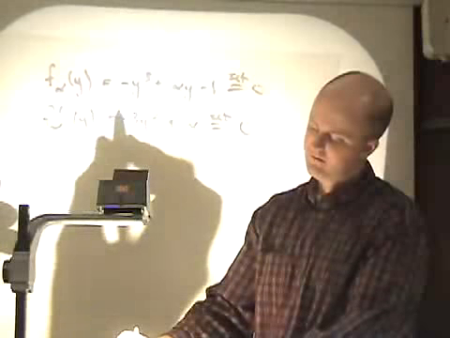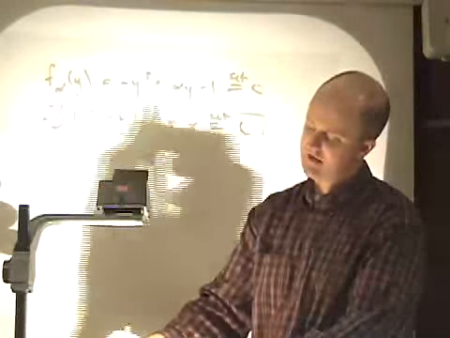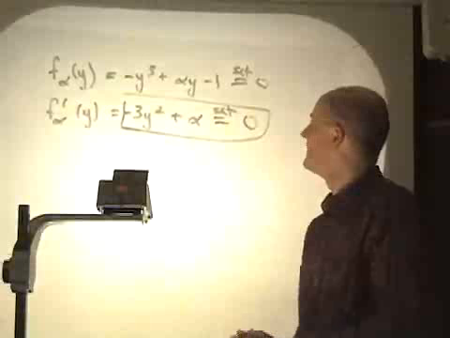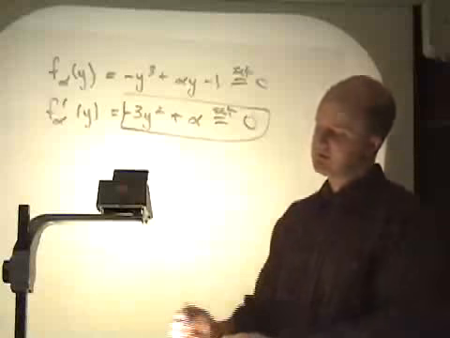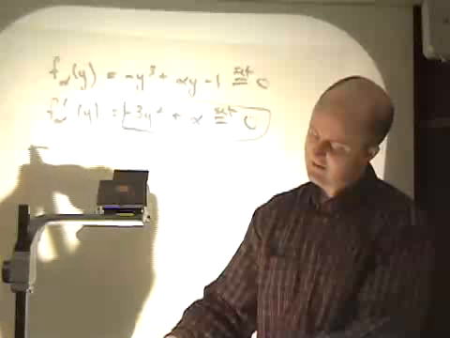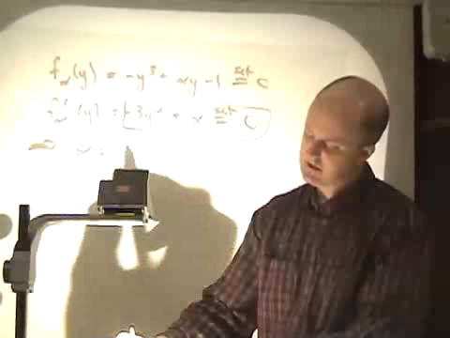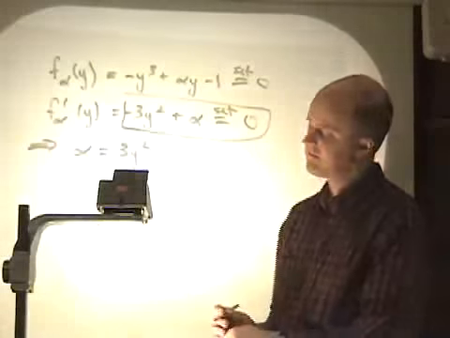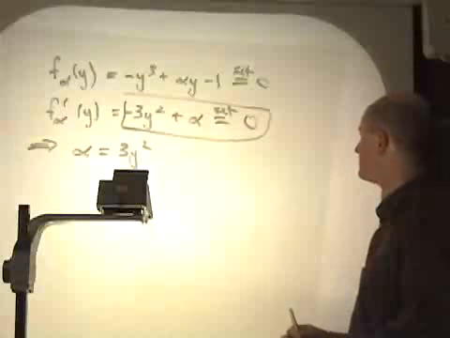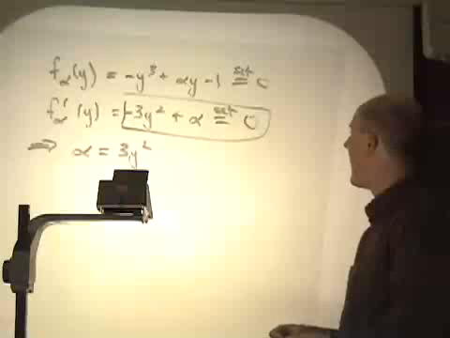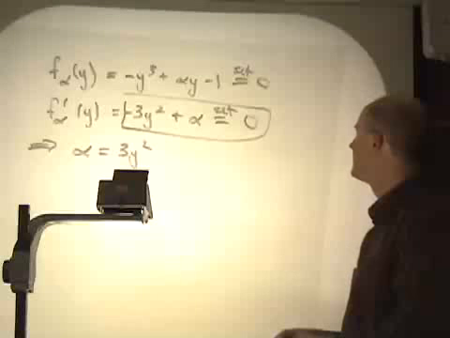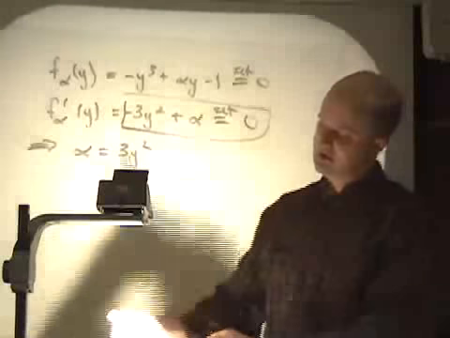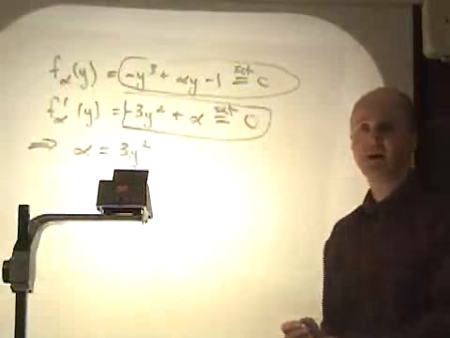One thing you can do is you could take this equation and solve it for alpha in terms of y. If that equation is true, then alpha will equal 3y squared. Then that can be substituted into the first equation in place of alpha.